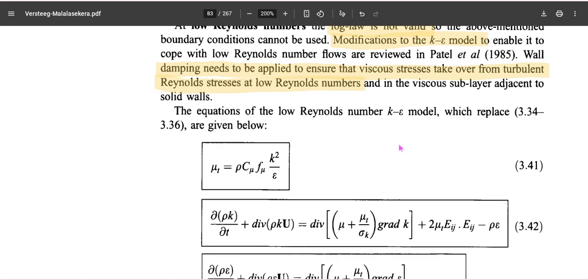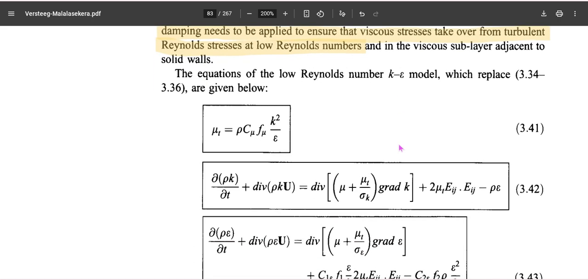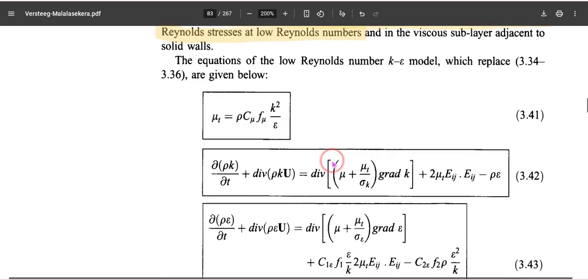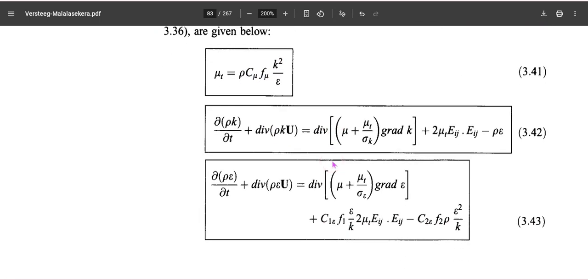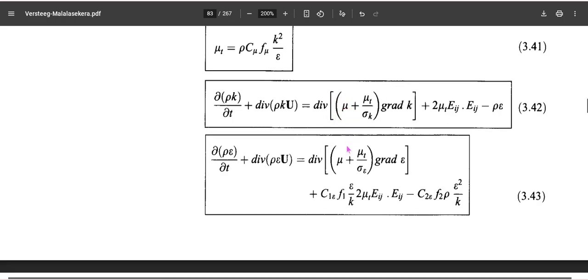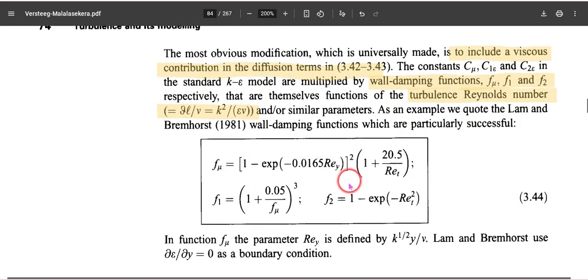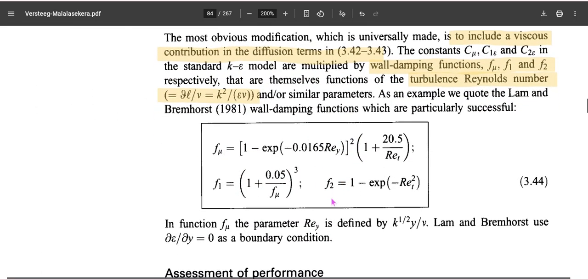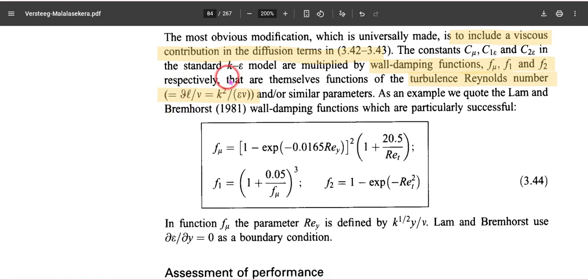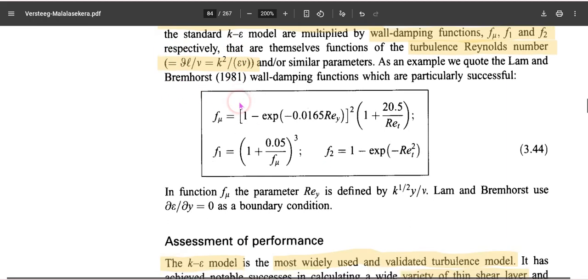So there are certain modifications on all three expressions. One is for the turbulent viscosity, where we add an additional term called f mu, and k and epsilon equations also have viscous effects added into the gradient diffusion terms. These additional constants are modeled through the turbulence Reynolds number, which is expressed through k and epsilon values.